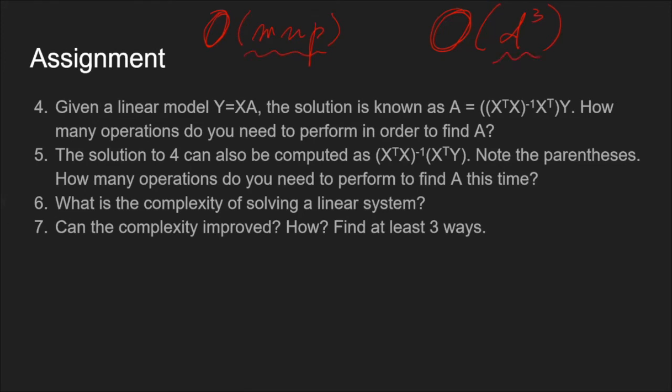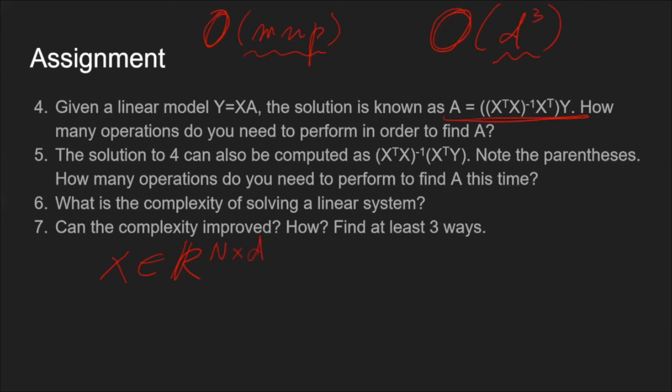All right. So question number 4. What is the complexity of computing the solution A? This is something that is really important, and I want you all to think about. First of all, let's say matrix X is n by d.